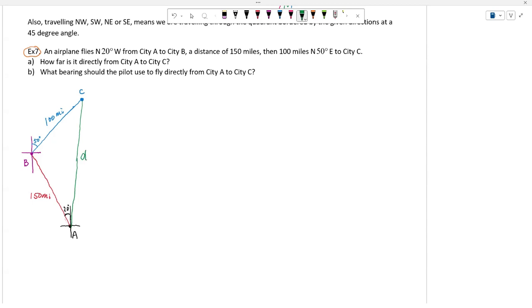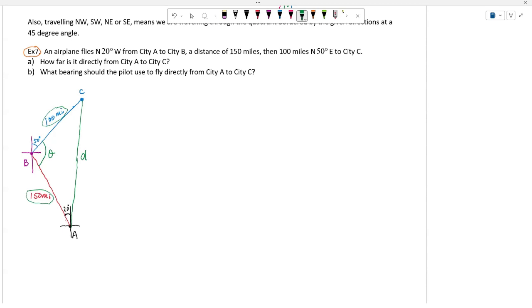Now we know that this side is 100 miles, this one is 150. If I know this angle, maybe I call this angle theta, then I will be able to find the length D, using the law of cosine.